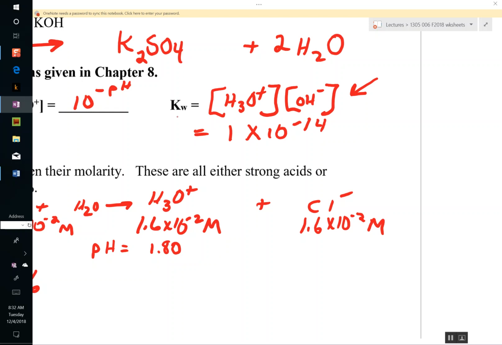If we take the negative log of 10 to the minus 14th, it's 14. The negative log of that number is 14. That's where that 14 is coming from. So I didn't just pull that out of thin air. It's coming out of this equation.